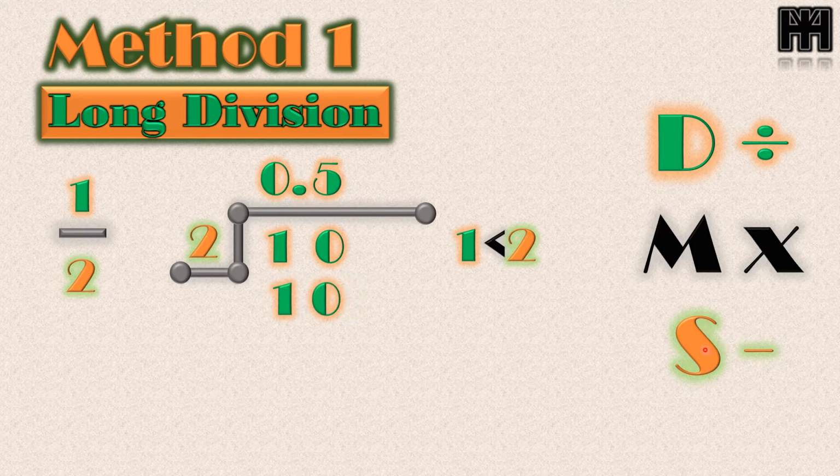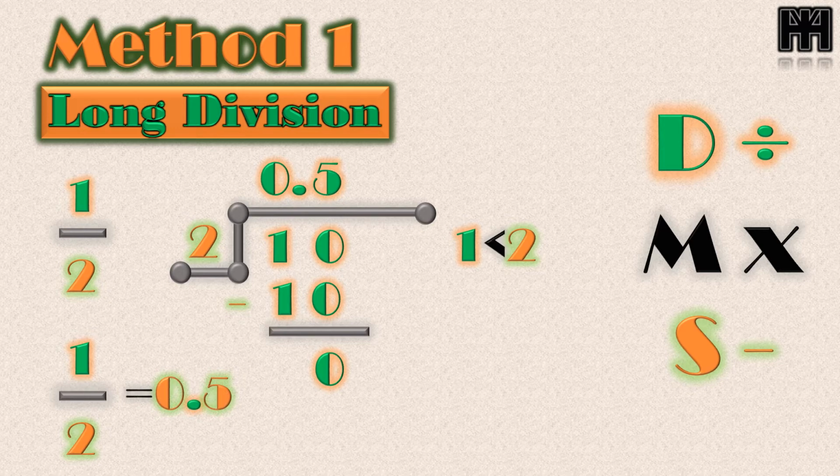Then the last step, subtract. 10 minus 10 will be 0. So we reached 0. So this is the answer, 0.5. Lastly, 1 over 2 as a fraction is equal to 0.5 as a decimal.